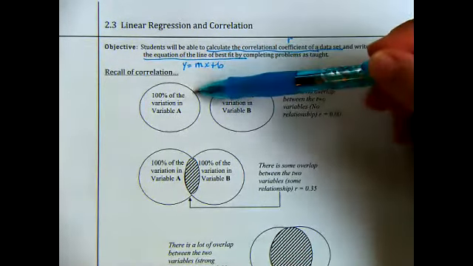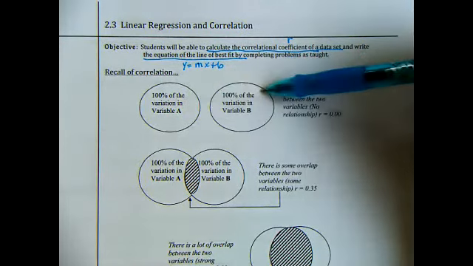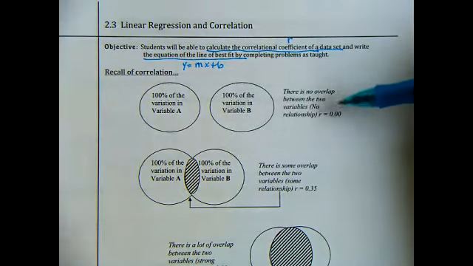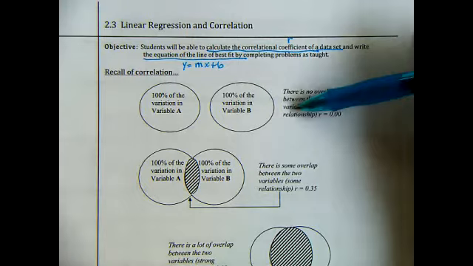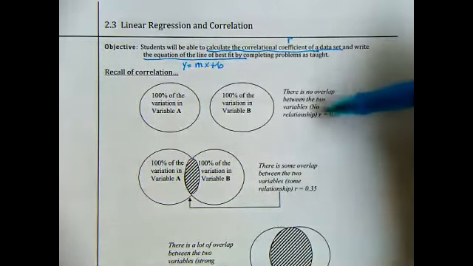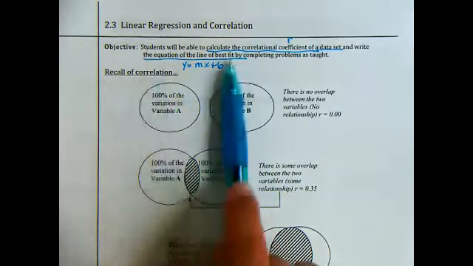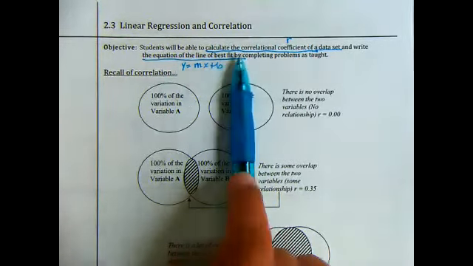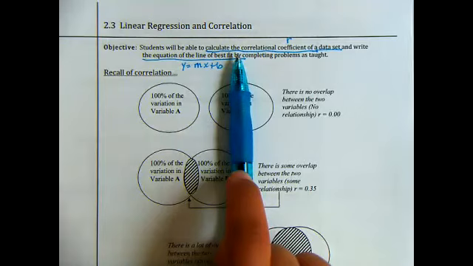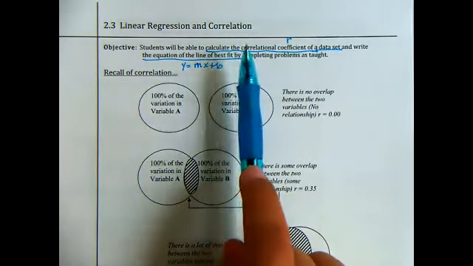So over here we have 100% of the variation of variable A, 100% of the variation of variable B, and there's no overlap between the two variables, which means there's no relationship. We have no correlation here. There's no relationship happening between the two variables. It's essentially like a function. That's what it's getting at, okay?